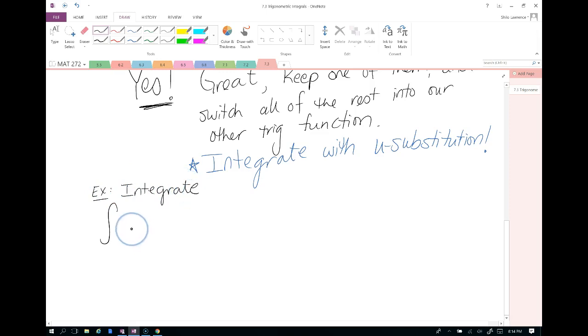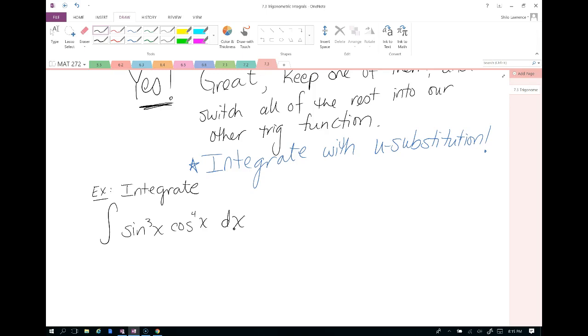So if we were asked to integrate sine cubed times cosine to the fourth. Now I know the derivative for sine is cosine, the derivative for cosine is negative sine. So there is a good potential for u substitution to work here. The issue right now though is the powers.